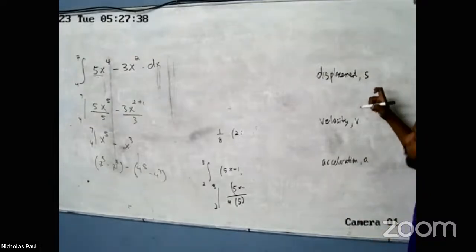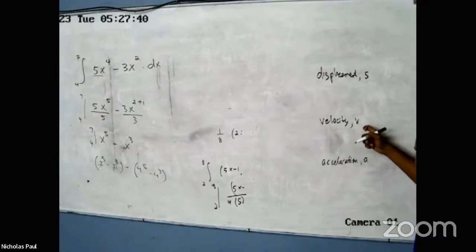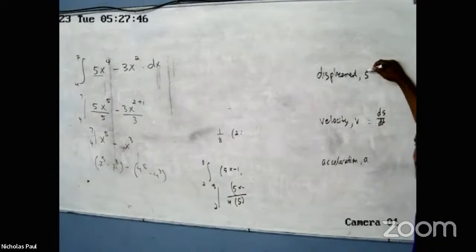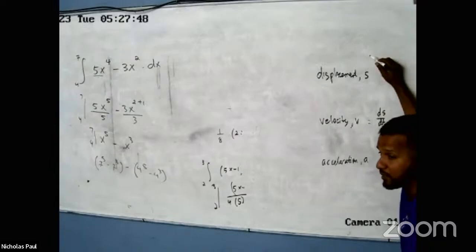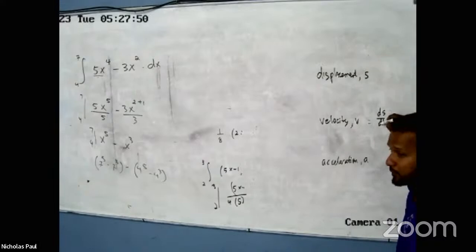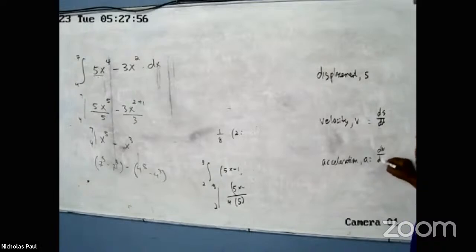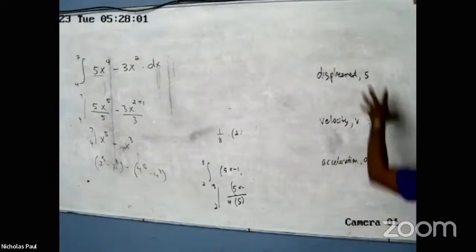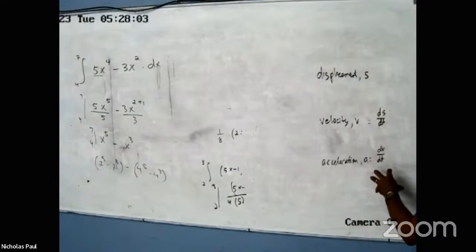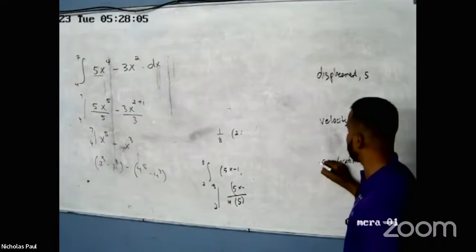So how do we go from displacement to velocity? Well, velocity is ds/dt. So if you differentiate the displacement, if I give you an equation and you differentiate displacement, you'll get velocity. If you differentiate velocity now, you will get acceleration. But as I told you, you may not see this side in your exam. In your exam, you will see this here.